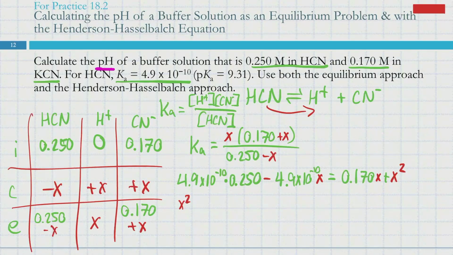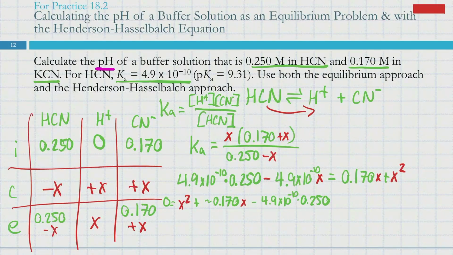We'll rearrange that to 0 equals x squared plus about 0.170x. It's going to be very, very slightly higher than that, minus 4.9 times 10 to the minus 10 times 0.250. So we've got our A, B, and our C for a quadratic equation.